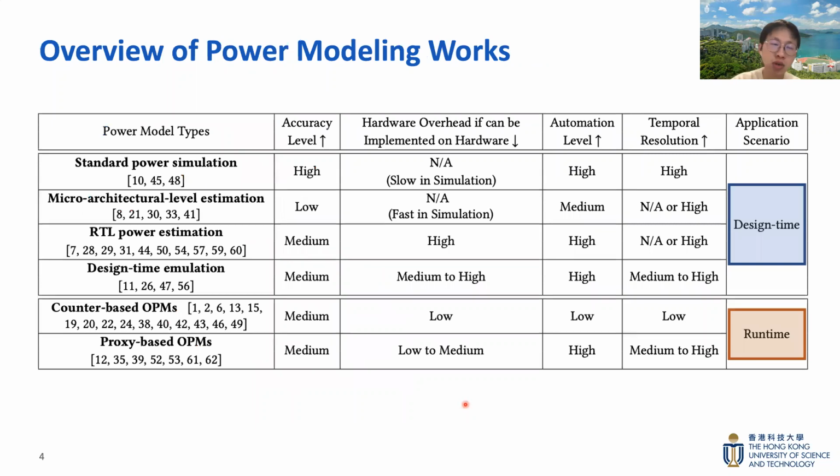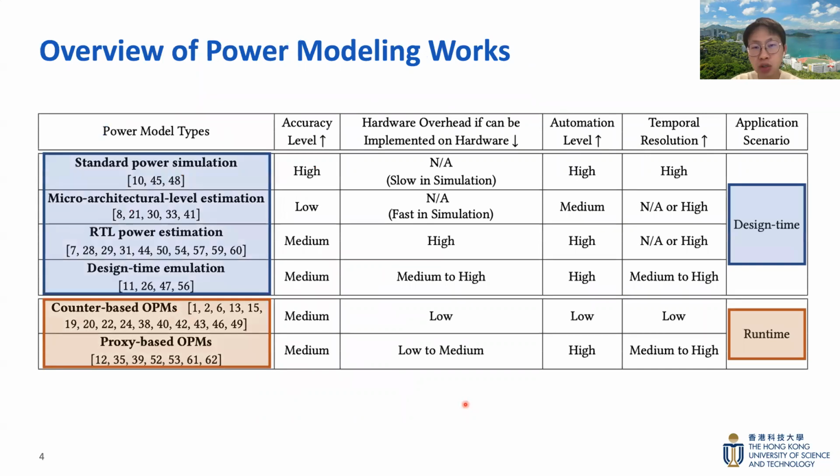And this table summarizes the existing and recent power modeling works for two different application scenarios. As you can see, it includes design time and runtime. For the design time scenario, there are multiple different types of power models. It covers the standard power simulation, which is the most accurate one, but the speed is not fast. Another solution is microarchitecture level power estimation. This is a pretty early stage power modeling.